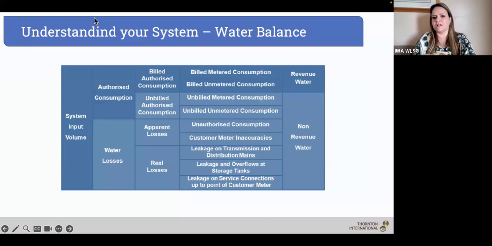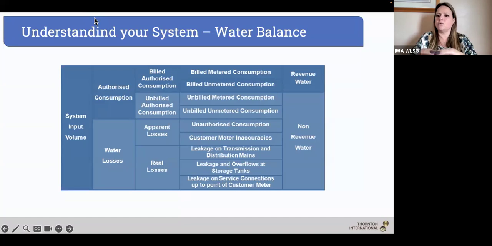So we have apparent losses, real losses, and each one needs to be understood, and you need to check your system and see if you know where your water is going. Otherwise, you won't be able to control, you won't be able to reduce the water losses. I used to have a phrase here in some presentations saying, you can't control what you don't measure. So it's really important.